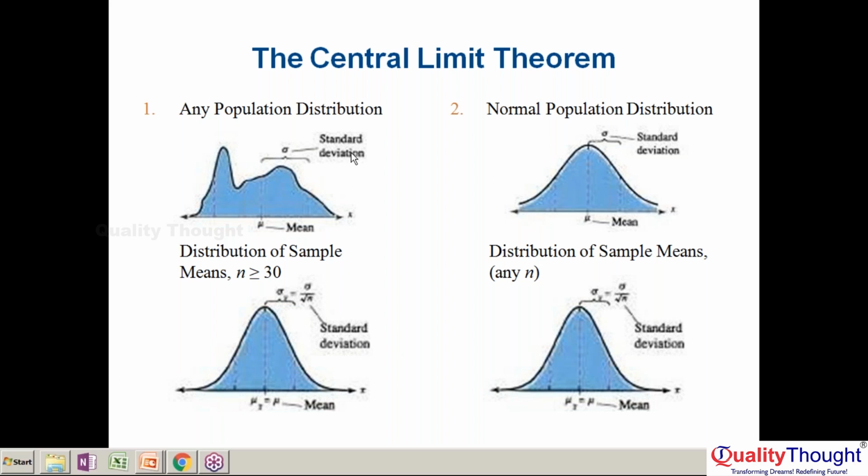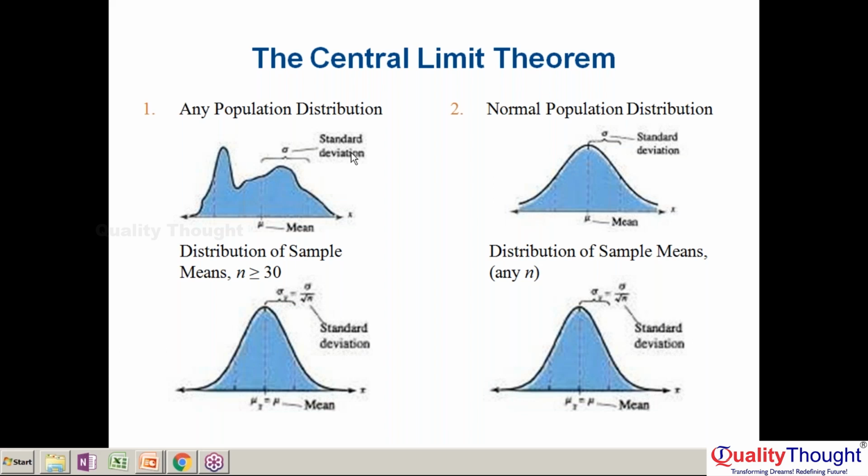So I'm repeating one more time. The central limit theorem deals with the size of the sample, because we are dealing with sampling distributions. When dealing with the sampling distribution, we have to concentrate on the curve and how we can approximate it to a normal distribution.